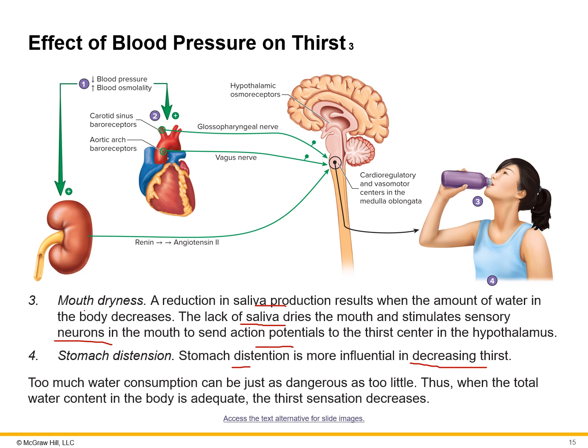If our stomach is distended, very, very full, we want to decrease our water intake, so that inhibits the thirst reflex. Too much water consumption can actually be as dangerous as too little, so that stomach distension helps protect us from water intoxication.